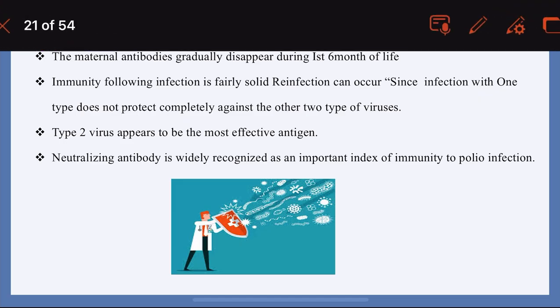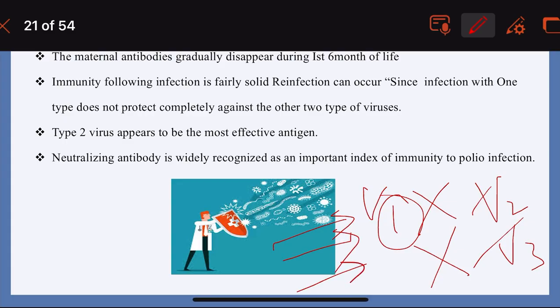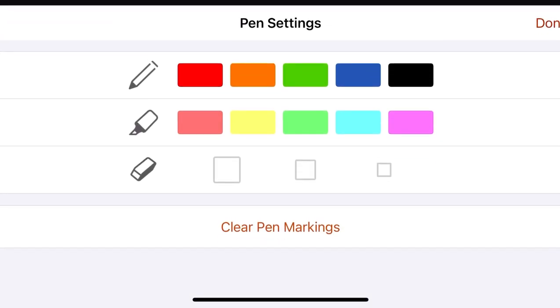For instance, if one person is affected by wild poliovirus type 1, he can be affected with type 2 and type 3, because the immunity developed for type 1 will not protect him against them. It will only provide immunity against type 1. Further infection with type 1 it will fight off, but if type 2 infects, the person can end up having a reinfection.